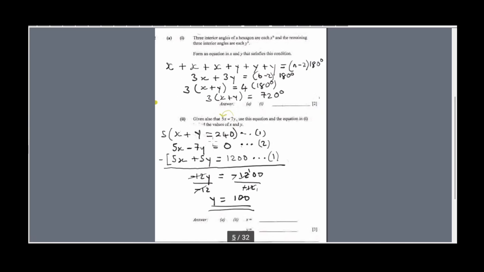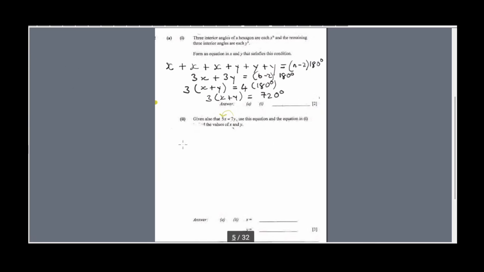Let us now clear this space so that we get the value of x. Our calculations have given us the value of y to be equal to 100. So from either our first equation or our second equation, choose any of the two, and we are going to substitute 100 or replace y with 100 in order to find x.